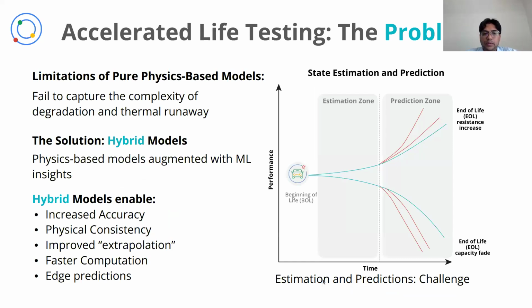Another challenge that you encounter when you look at only the early beginning of life data is that in the beginning, if you look at the cell degradation curves or the resistance curves, they might look very similar. But towards the later part of the life, you will see that they start deviating.